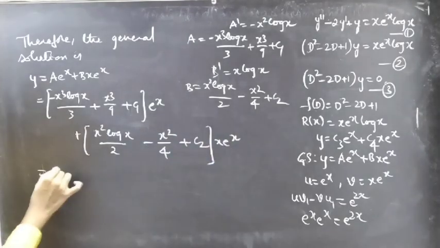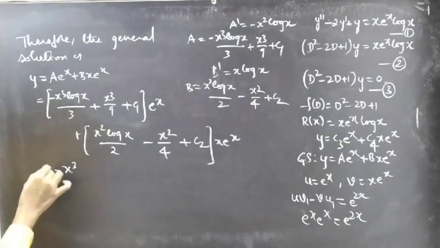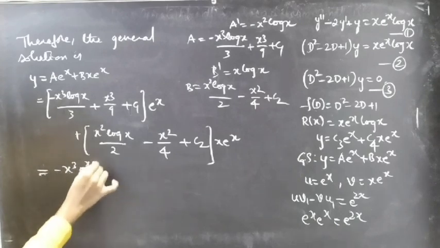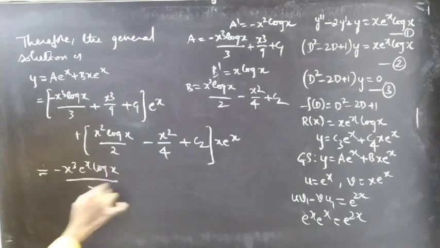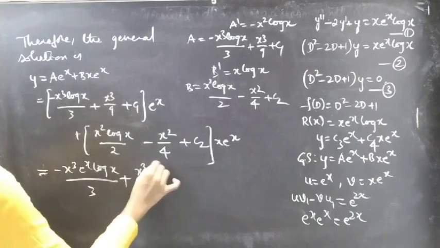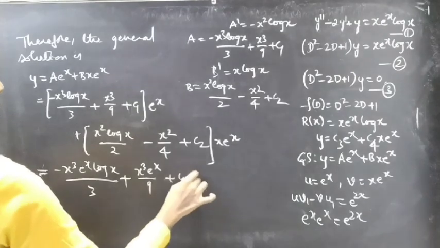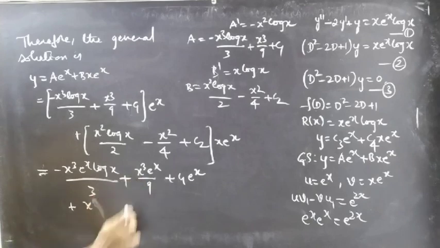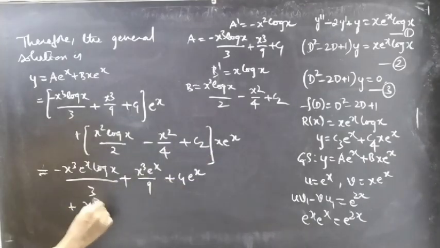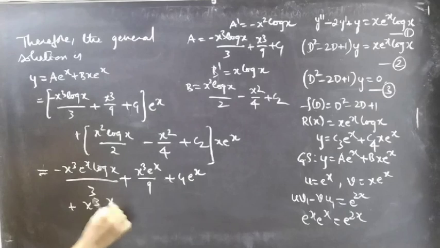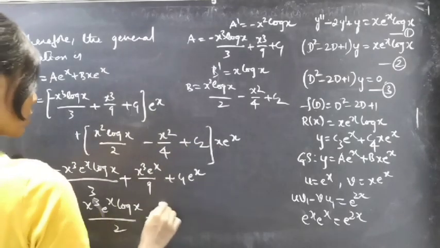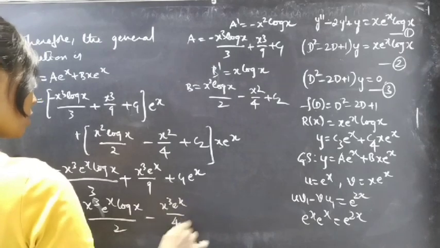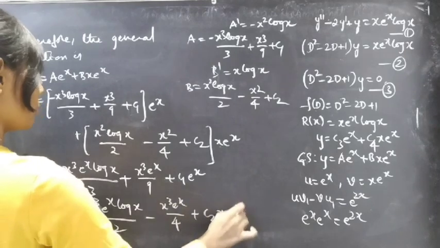This gives us minus x cube e power x log x by 3 plus x cube e power x by 9 plus c1 e power x plus x square into x is x cube e power x log x by 2 minus x square into x is x cube e power x by 4 plus c2 x e power x.